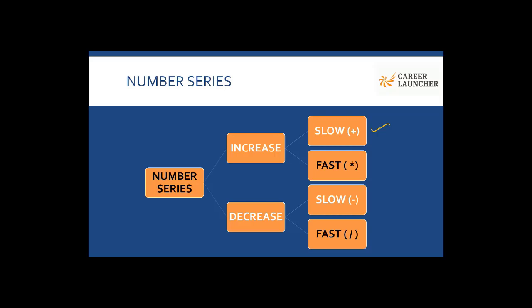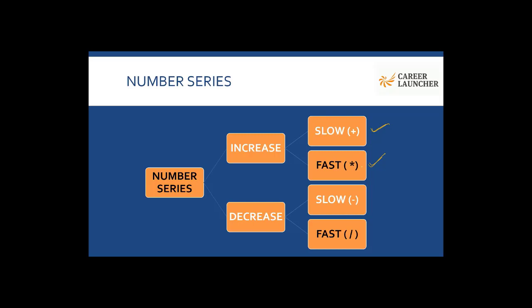If the increase is happening too fast, with a huge gap between the previous number and the next number, then you can infer that probably multiplication has been used.